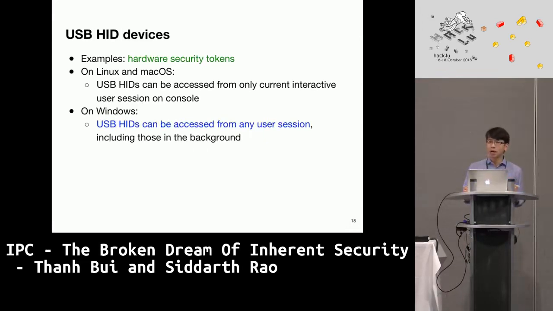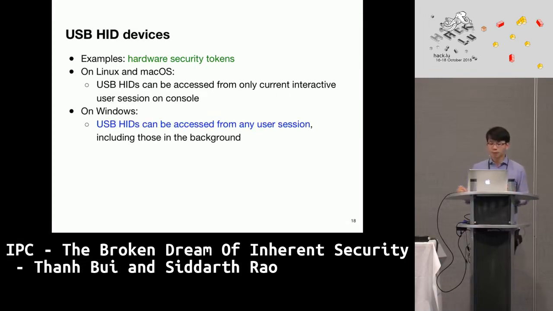The Linux and macOS implementation is different from that of Windows. In Linux and macOS, the USB HID devices can only be accessed from the current interactive user login session. However, in Windows, no such access control mechanism exists. So more than one user at a time can access the USB HID, even the one in the background.